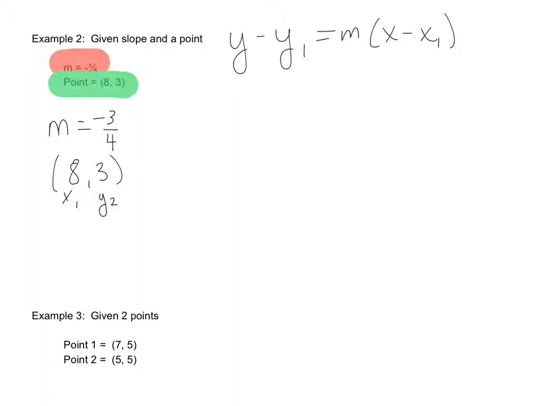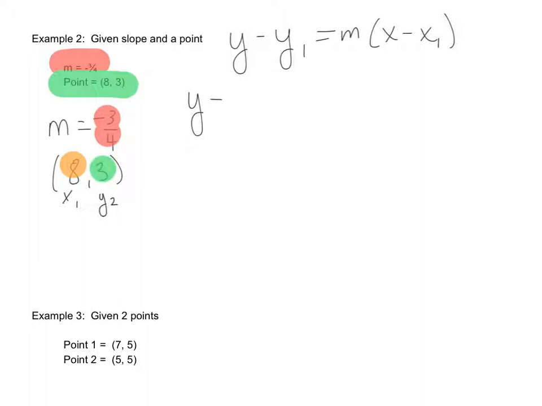So I've got y minus, let's highlight some things here. Let's give me that y value here, and then the x value here, and then my slope right here. Okay, so I'm going to write my equation now.